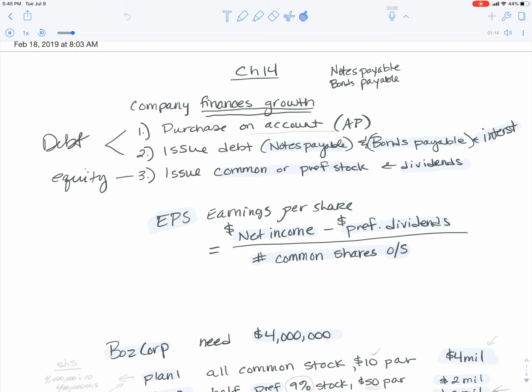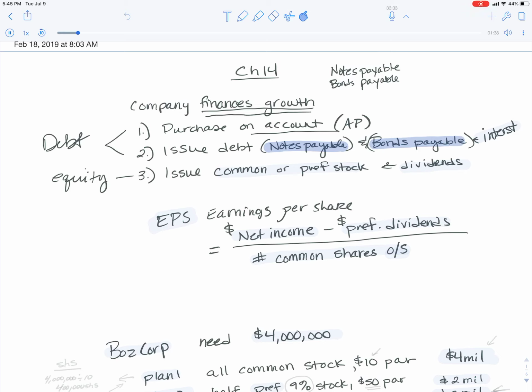So when a company looks at their options for how they are going to raise money if they need money, they have a few options. They can just purchase items on account, which is accounts payable. They can issue debt, which is the subject of this chapter, using notes payable or bonds payable.